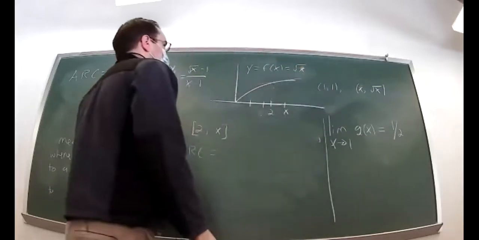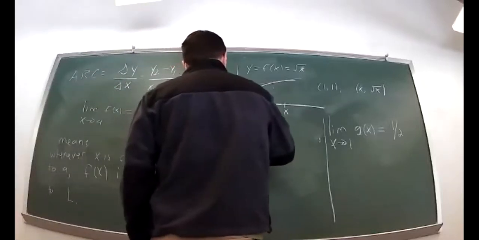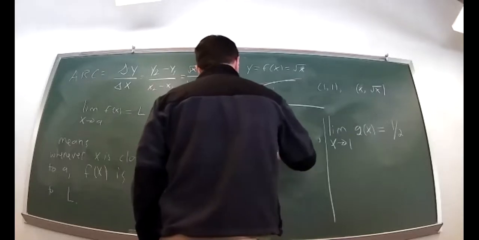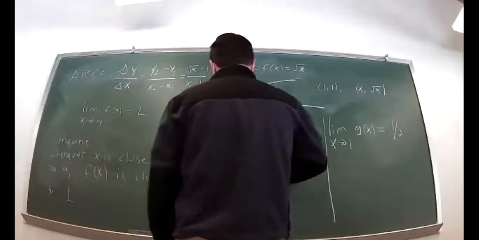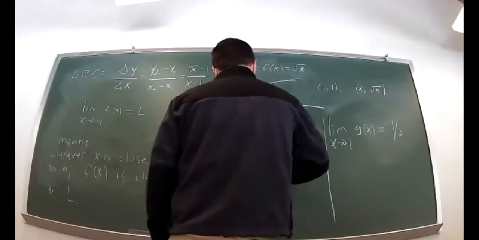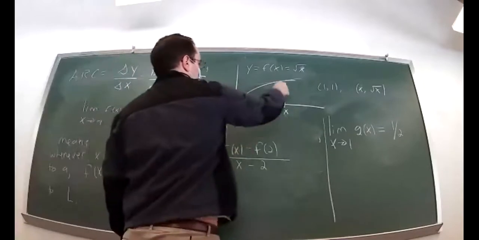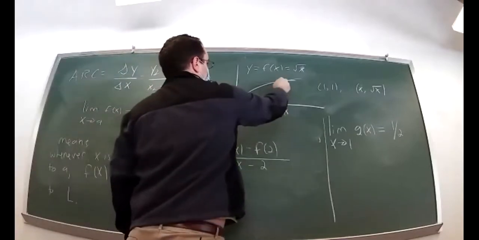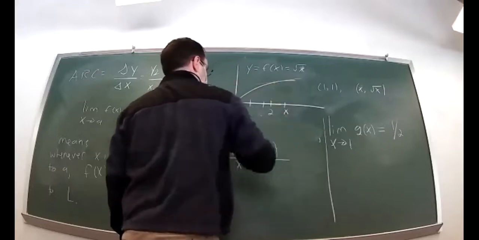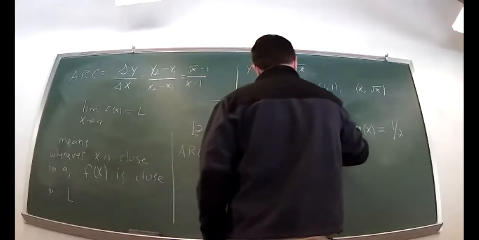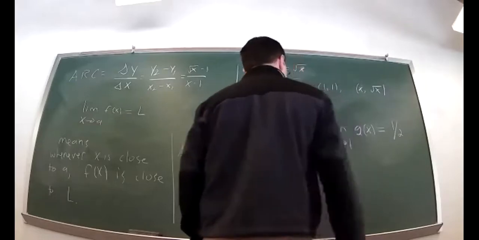So if I take something like f of x minus f of 2 divided by x minus 2, for instance, so that this matches with the picture that I've got, the slope of this secant line would be the change in y values, the square root of x minus root 2 divided by x minus 2.